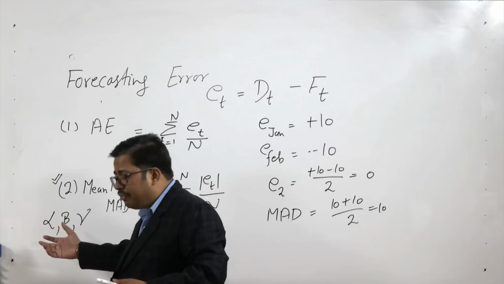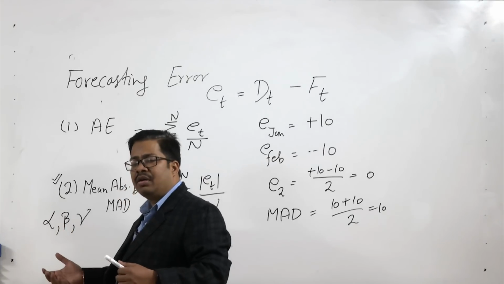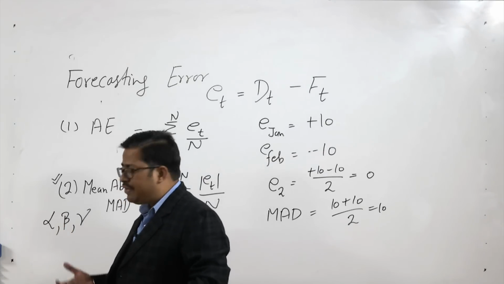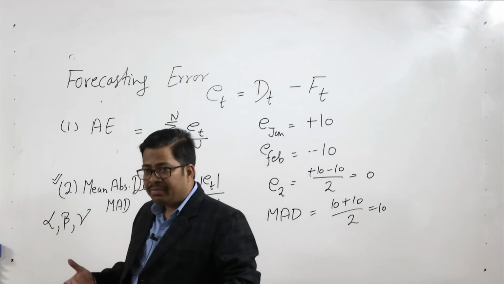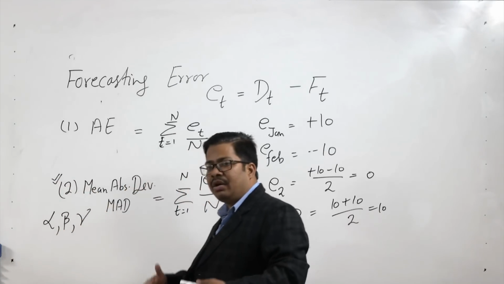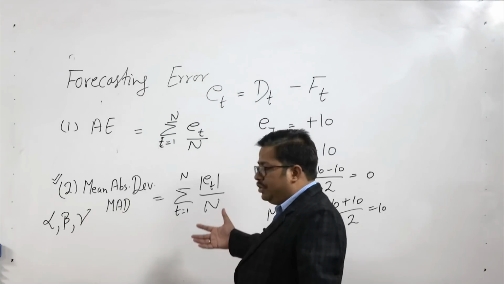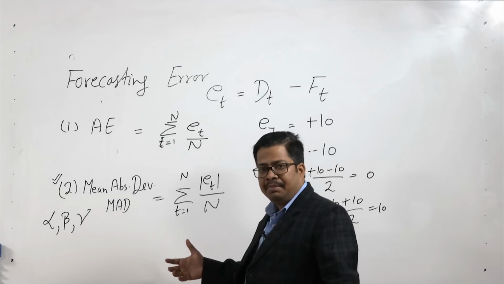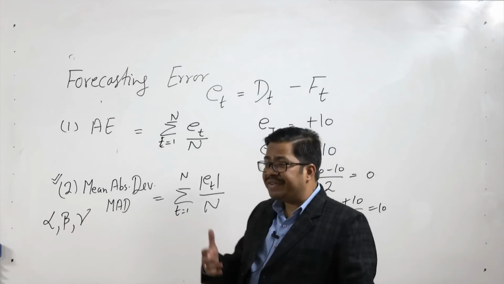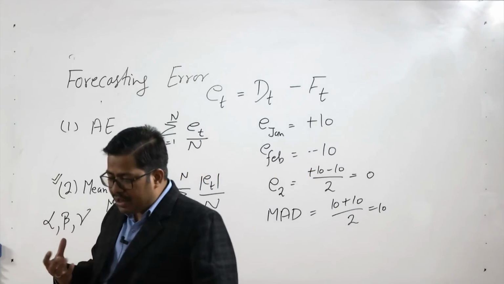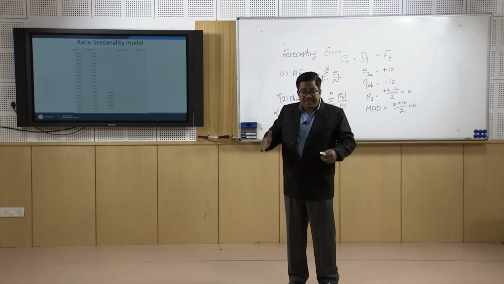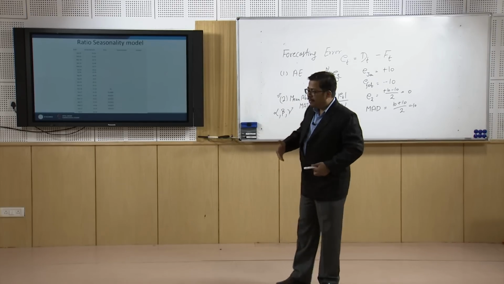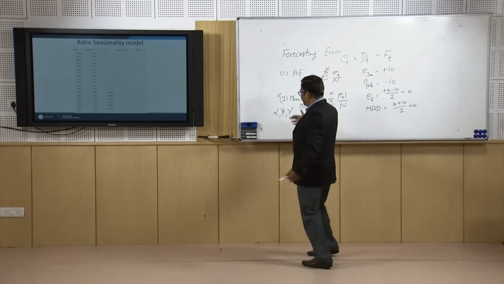So, what should be the most appropriate values of alpha, beta and gamma, that also can be checked using this mean absolute deviation, because to take a particular value of alpha, beta, gamma, there is no mathematical calculation, there is no formula. Just by observation, just by practice, we take alpha, beta, gamma.